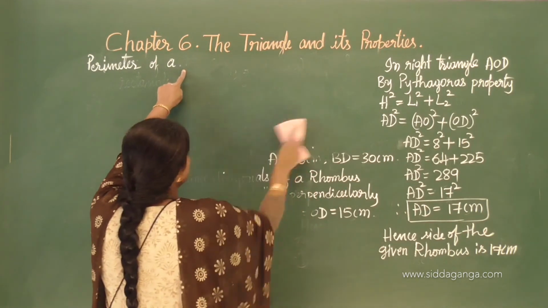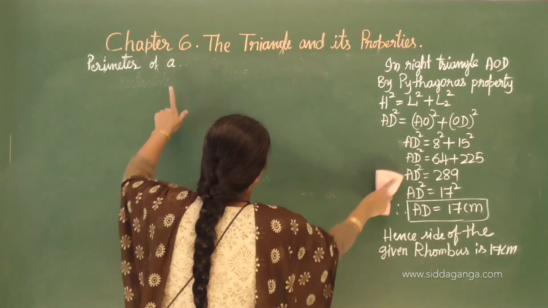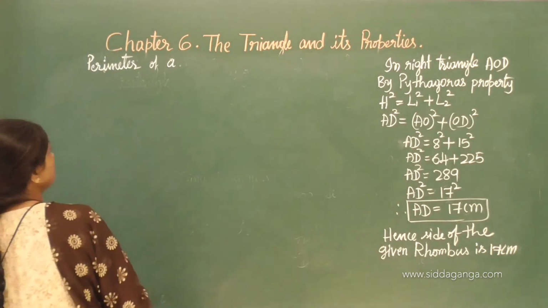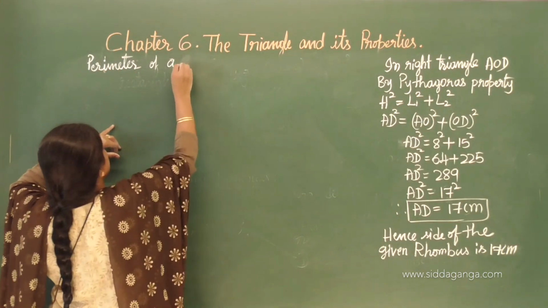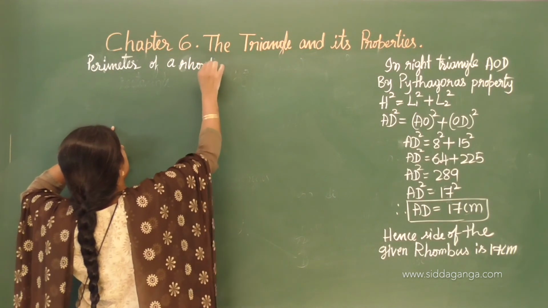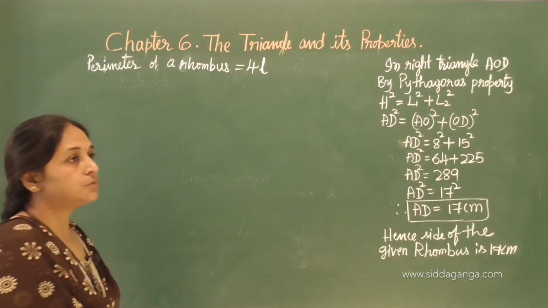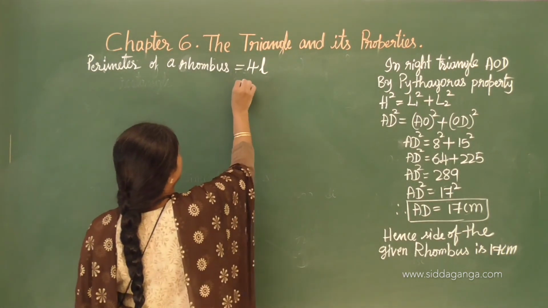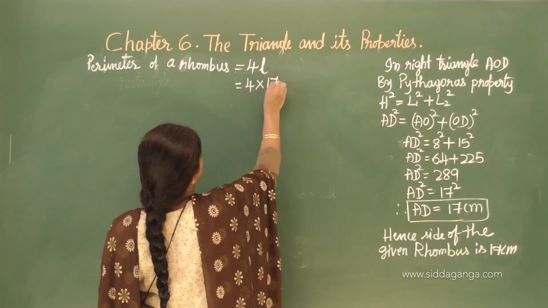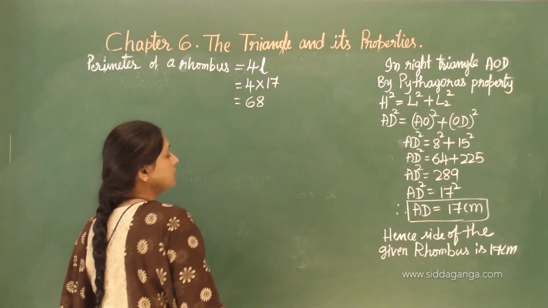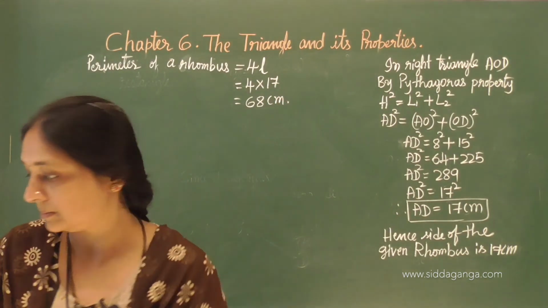But in the rectangle, 2 lengths and 2 breadths are equal, so we took 2 into L plus B. Instead of this, the perimeter of a rhombus is equal to 4L, that is 4 into 17, that is equal to 68 centimeter.